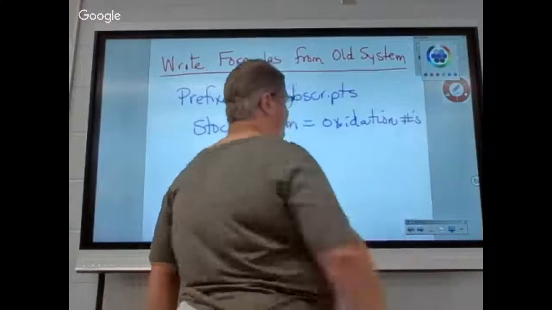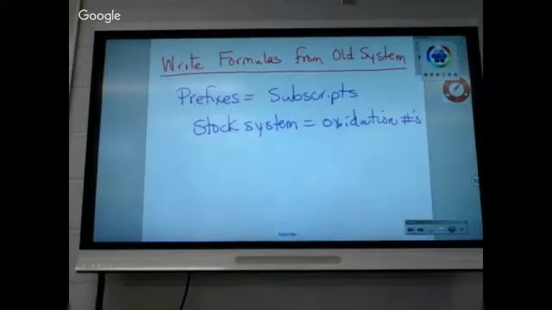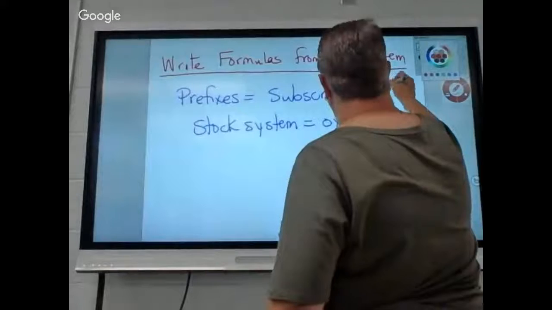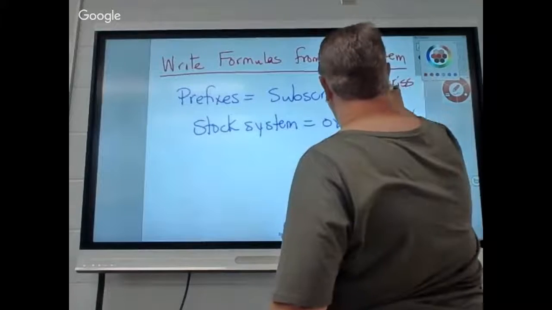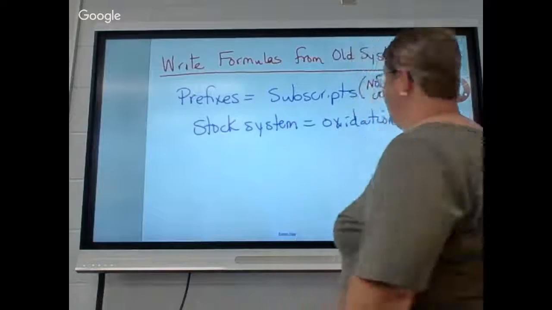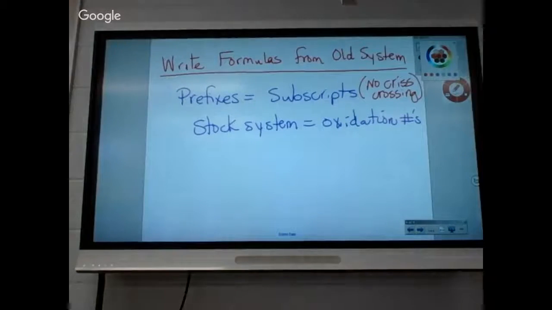So, if the stock system is oxidation numbers, we were crisscrossing when we did stock system, right? Yes. Prefixes are subscripts. There is no crisscrossing with the prefix system. None. It's already down there, right?